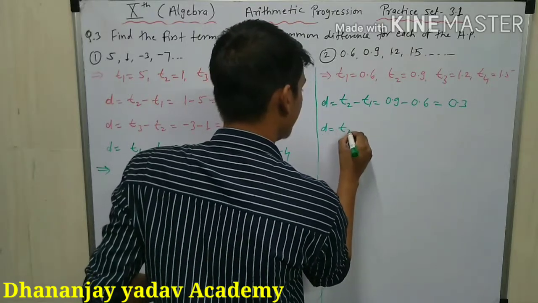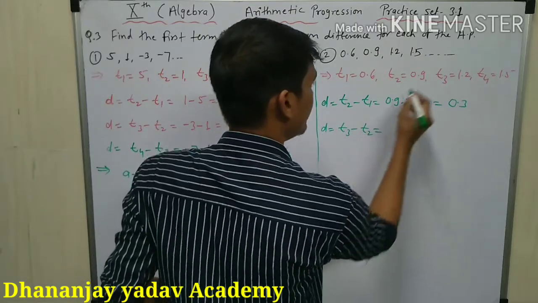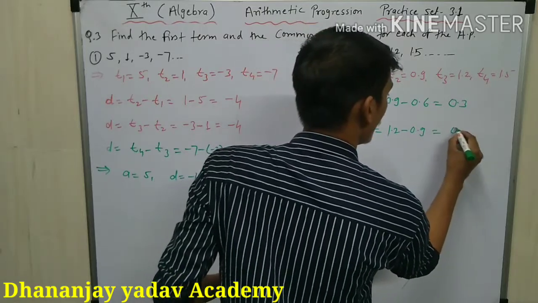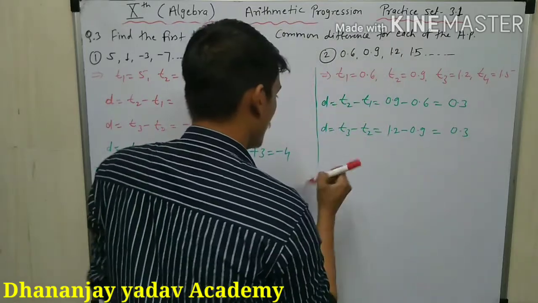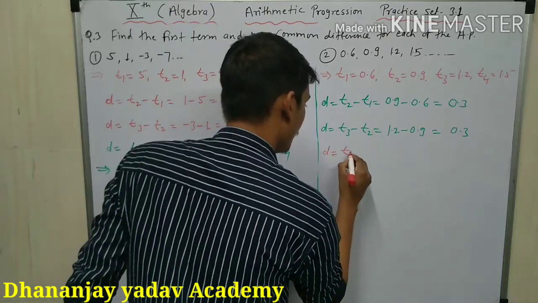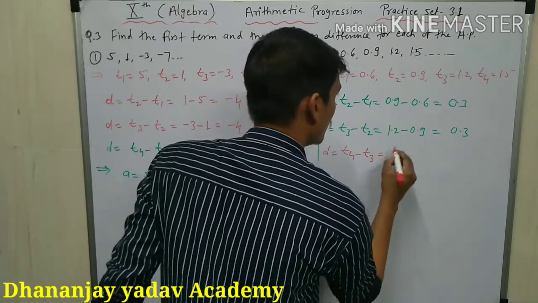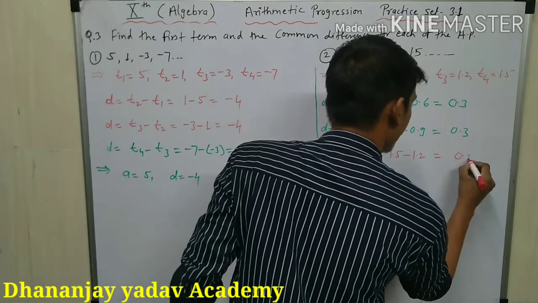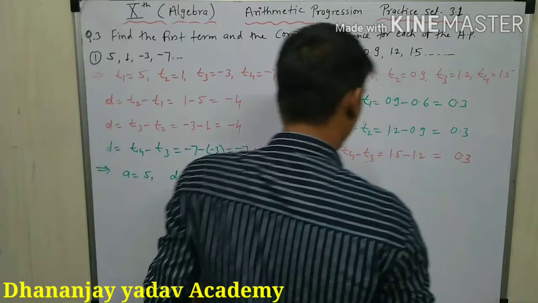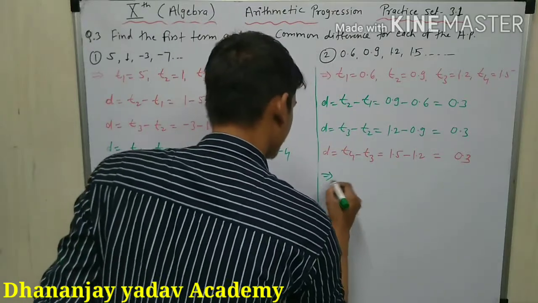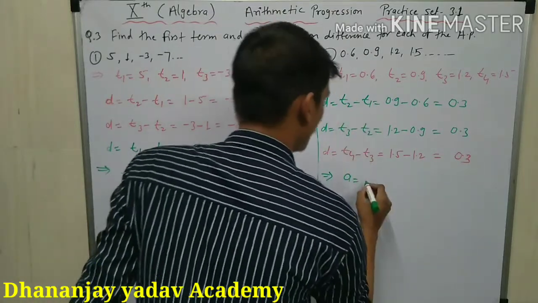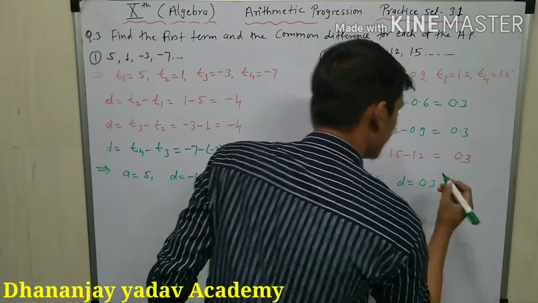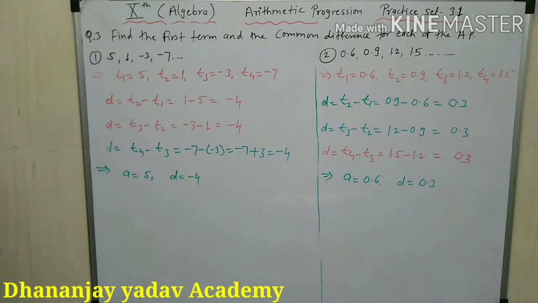Now second, T3 minus T2 is 1.2 minus 0.9, which is 0.3. Now D is equal to T4 minus T3, which is 1.5 minus 1.2 is equal to 0.3. You can write here A is equal to 0.6 and D is equal to 0.3. Understood?